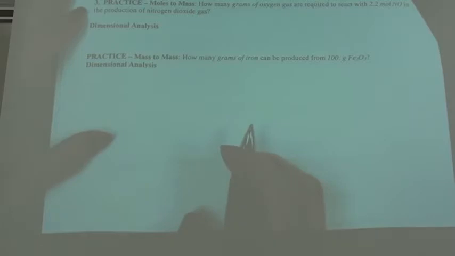So far, so good? All right, now I need to balance it. It's not balanced now. I think if I do this and this, I'm good. All right. Now, this is my unknown, this is my known, and I'm going to set this up dimensionally.